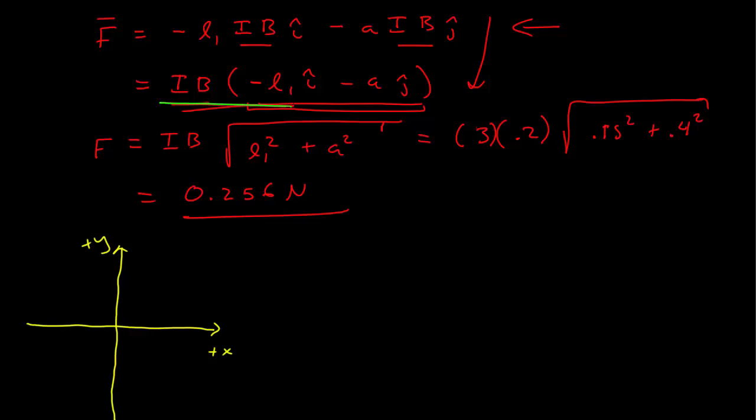So here it's got a component in the negative x direction, which is IB times L1. L1's 0.15, so I could come over to some sort of IB times 0.15 in the negative x direction. The y component is IB times A, which is 0.4 in the negative y direction. So down here we have 0.4 IB.